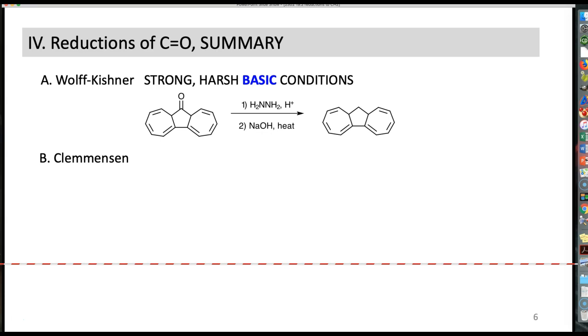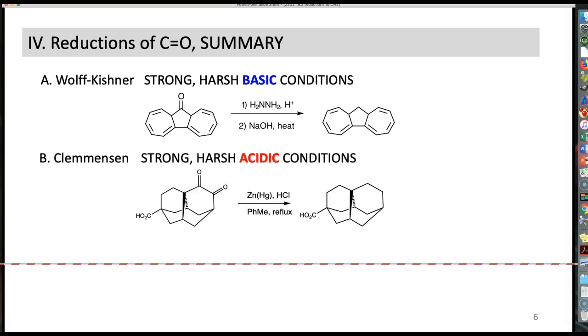So to summarize, you have three ways to go from a C=O double bond to CH2. The Wolff-Kishner, via the hydrazone under strongly basic conditions, gives you the alkane. The Clemmensen, under strongly acidic conditions, makes an organozinc intermediate, which is protonated by the HCl to give you the alkane.